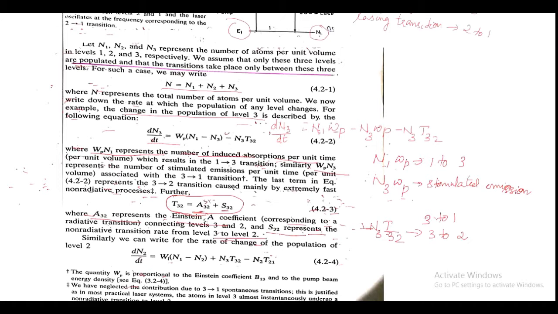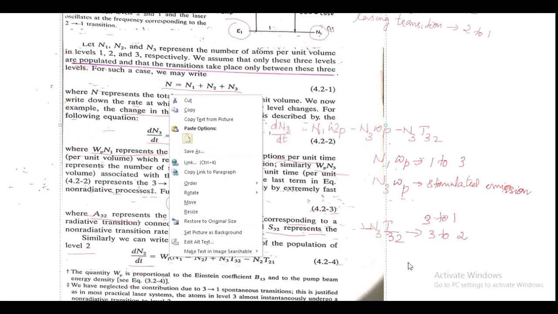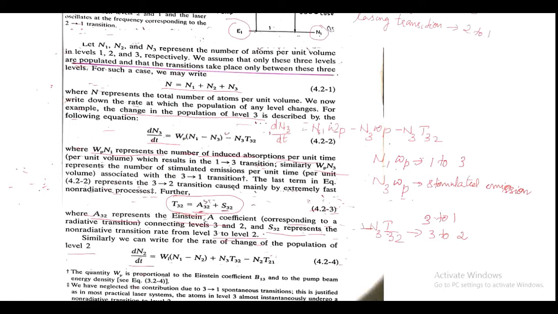From level 3, similarly we can write the rate of change of population of level 2: dN2/dt equals Wi (N1 minus N2) plus N3 T32 minus N2 T21.